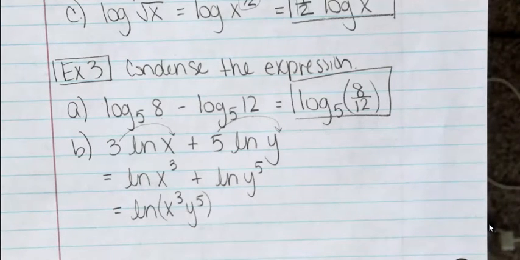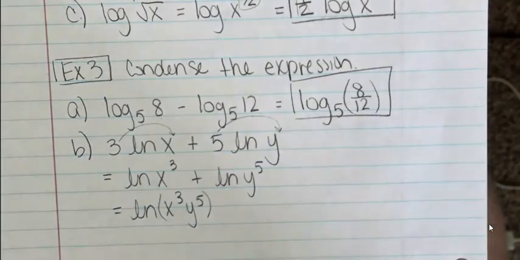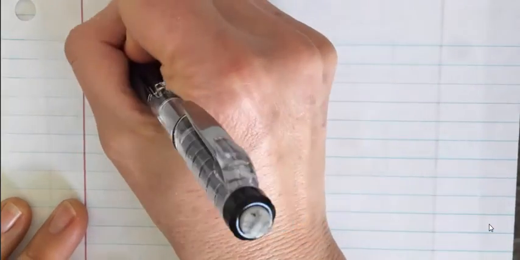Okay, I'm going to show you guys one more thing, and that is the change of base formula. This is so that you can always use your calculator when you're allowed on logarithms, so that you can actually evaluate them and get an actual answer and approximation. All right, so here's the change of base formula.